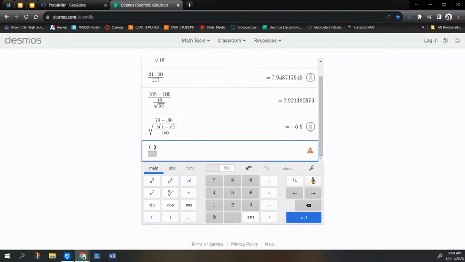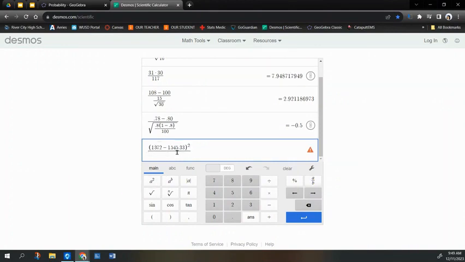So 1372 minus 1545.33 squared over 1545.33. What's nice about the Desmos calculators is you can just copy and paste. And since the expected counts are all the same, all we have to change is the observed count. So 1578 is the next one.